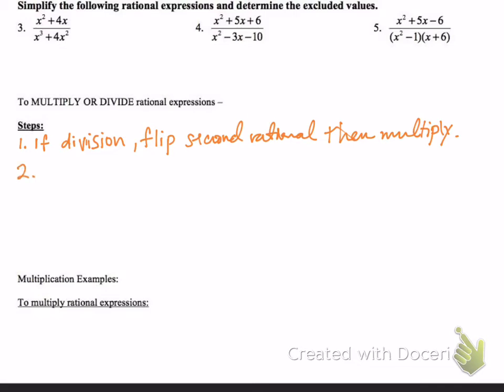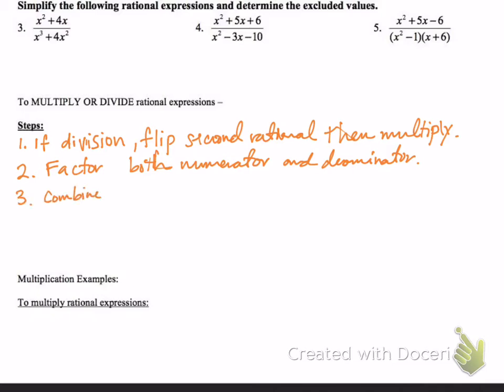and then multiply. So the second step is you factor both numerator and denominator. Like we did with simplifying, you factor both of them. You combine and write as one fraction.